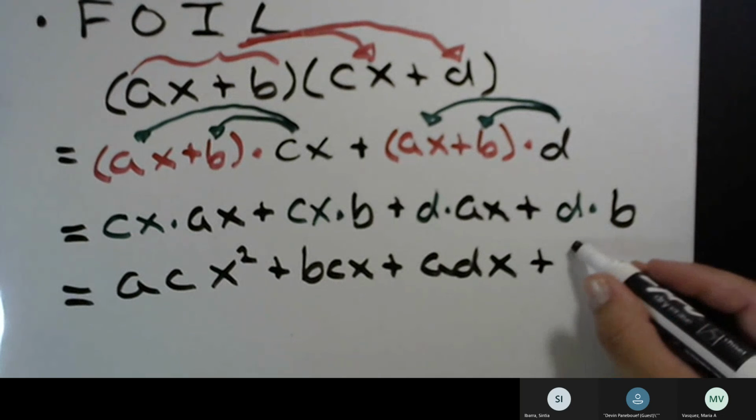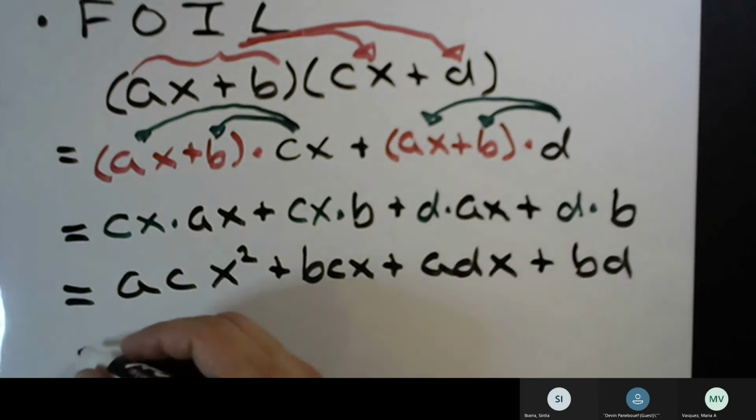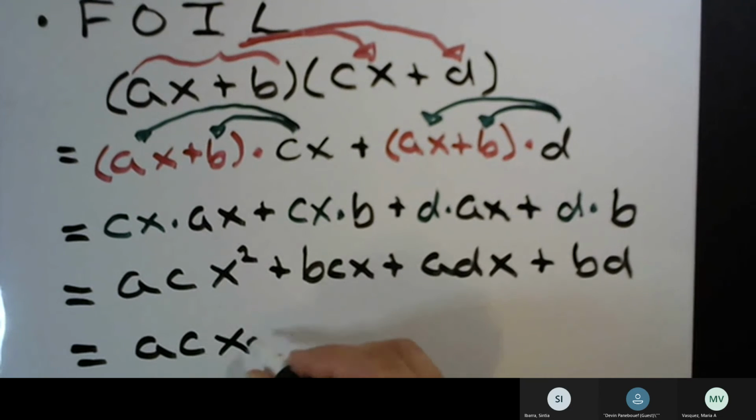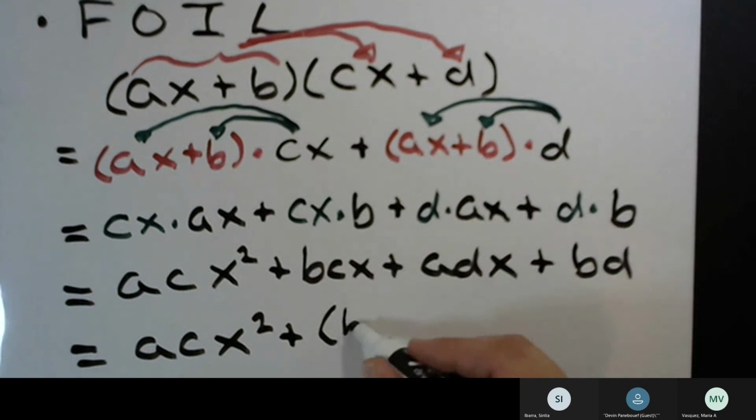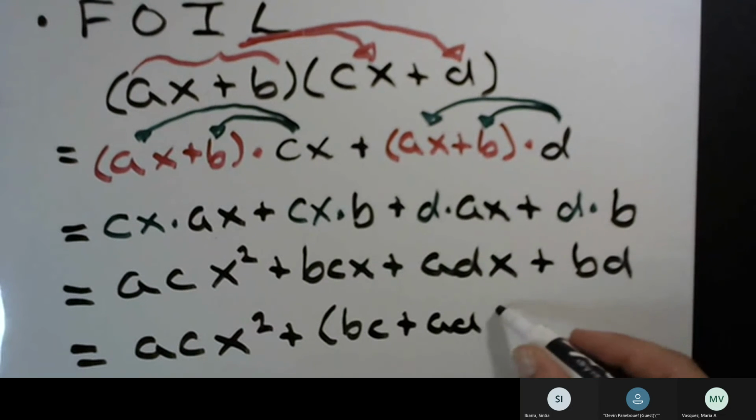And then we have b times d. And what I'm going to do, I'm going to factor out an x, or reverse distribute. So we have acx squared. We're going to pretend that there was an x on the outside of this thing that got distributed. So we're just going to go backwards.